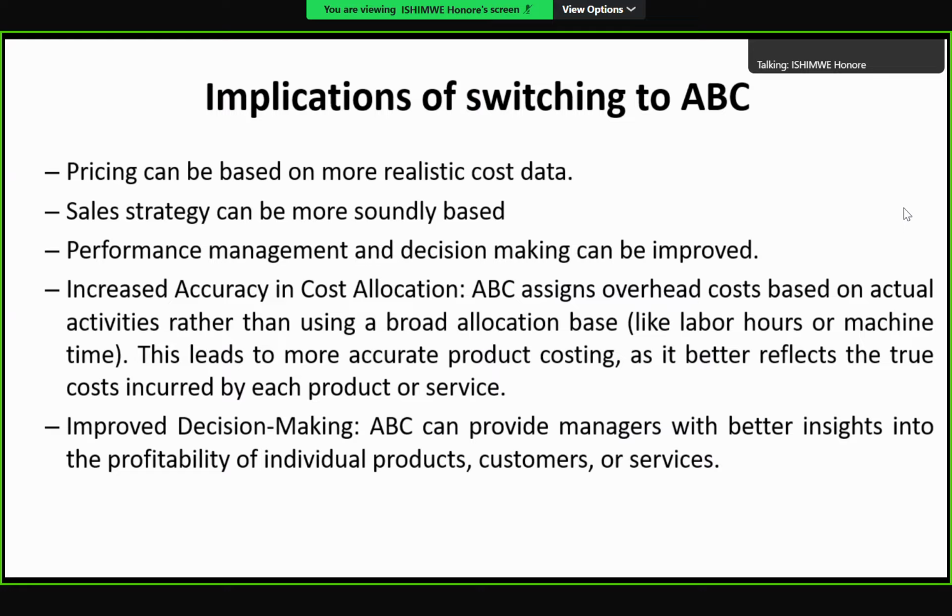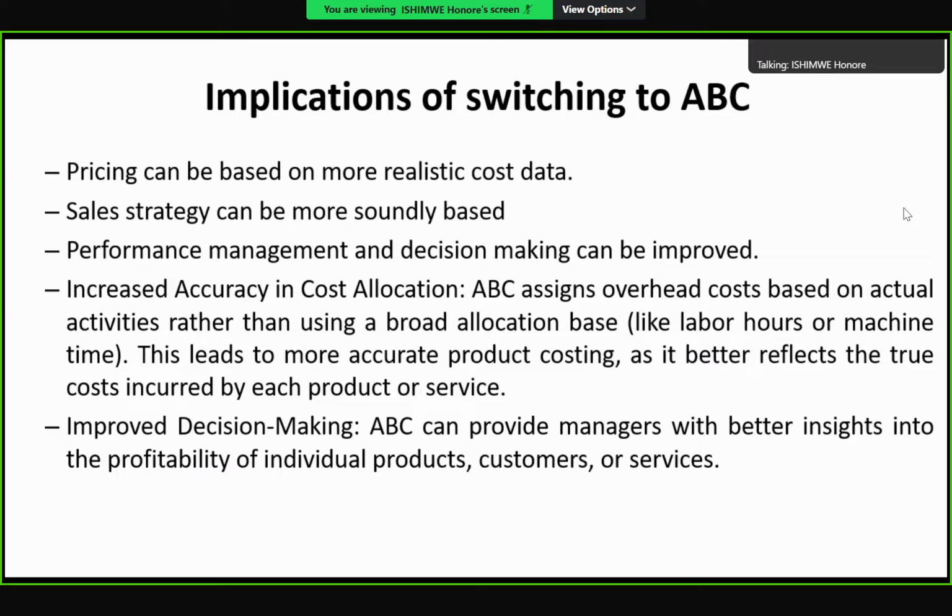If the cost is increasing, we know what causes those costs to increase. So if you are to measure performance and make decisions, you have better, more information, so your decision can be very good, which means you improve your decision making because you made the decision depending on real information.